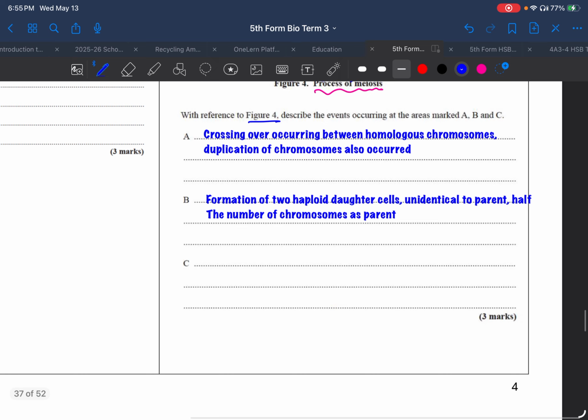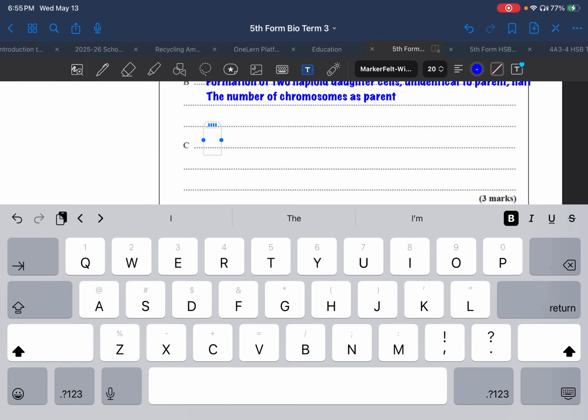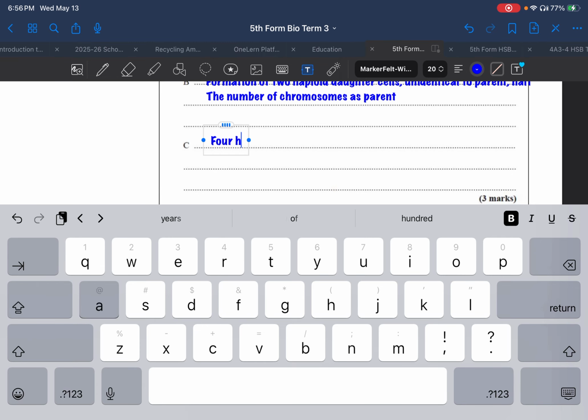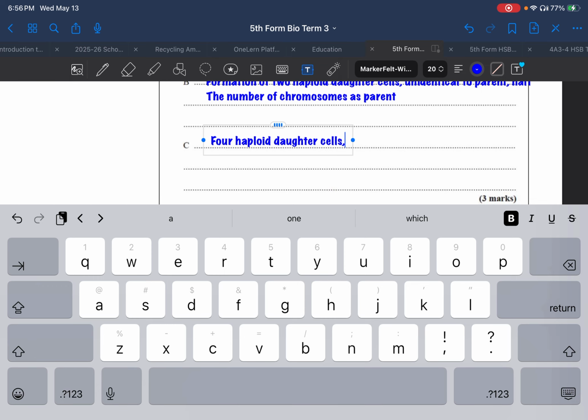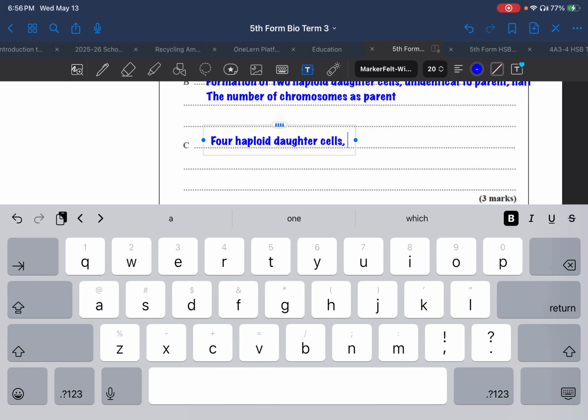So that's something also to remember, is that at the end of meiosis, 4 haploid daughter cells are the result, whereas in mitosis you have 2 diploid daughter cells, and these daughter cells in meiosis are unidentical.